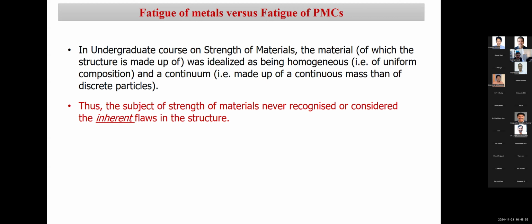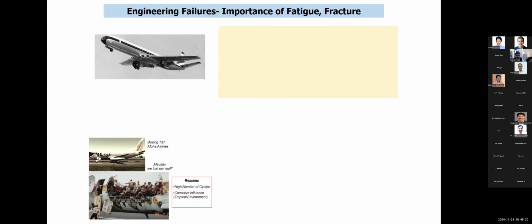These inherent flaws or defects are actually the reason for most of the fatigue failures. The probability of having flaws is too large in the case of composite materials, because they are multi-material systems, and that is why the fatigue of composites itself is very complex to talk about.